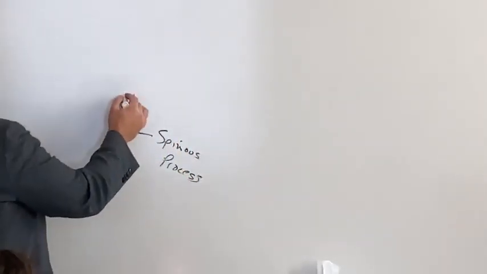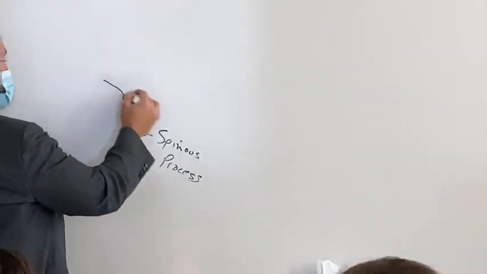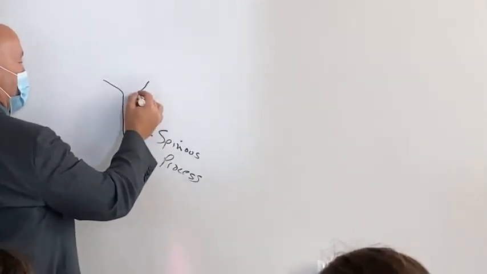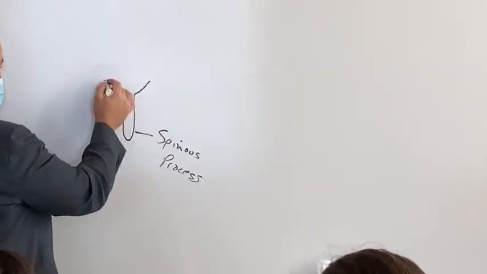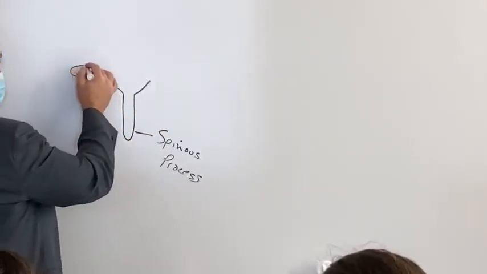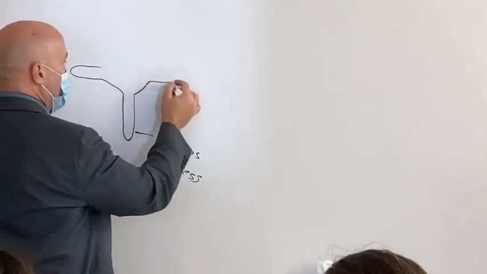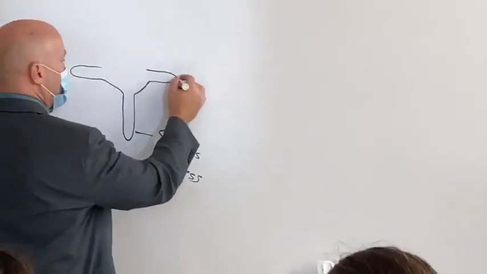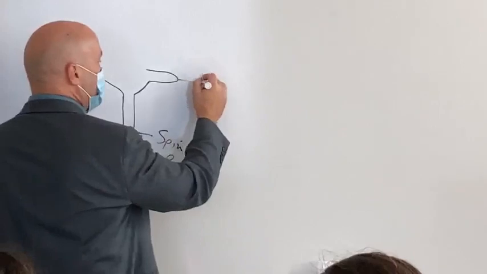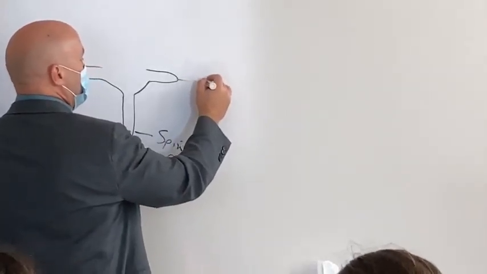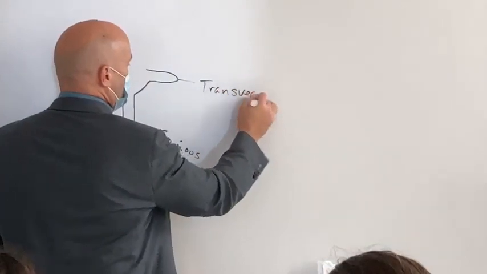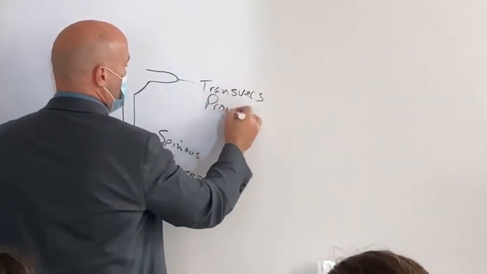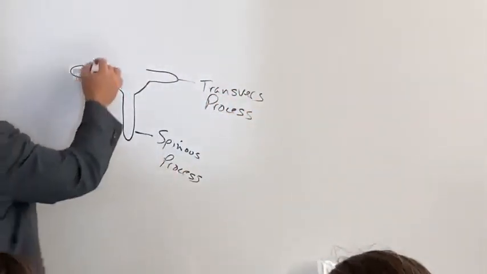All right, so the spinous process comes up and it joins the vertebra and it goes anteriorly and laterally. And when it gets out lateral, just almost straight lateral, depending on which vertebra we're looking at, it goes outward again, and it creates what we call the transverse, because it's projecting out transversely.